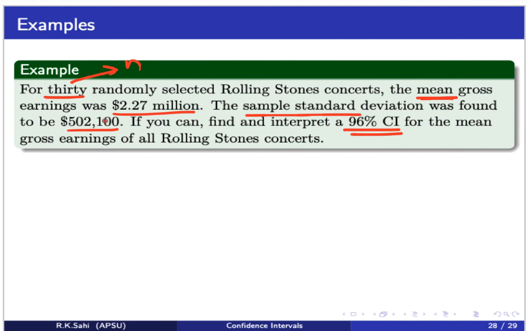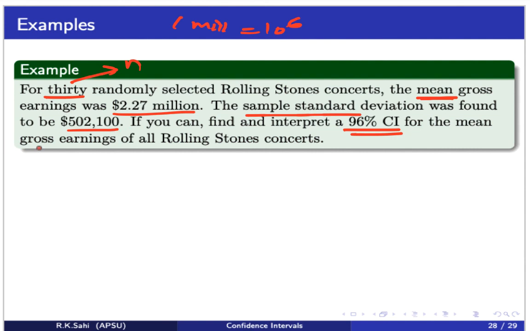Okay, you got to be careful. This is in millions, this is in thousands. So we have to change the millions into thousands, okay? Remember, 1 million is 10 to the power 6. So 2.27 million is equal to 2.27 times 10 to the power 6. Either you change this into millions or you write 2.27 in terms of hundreds and thousands.